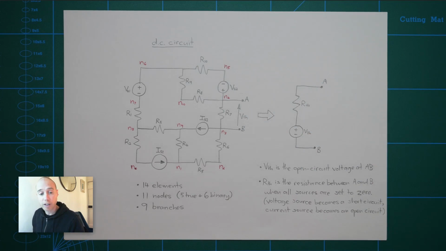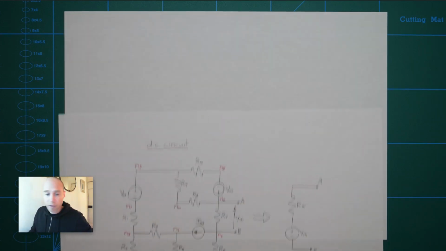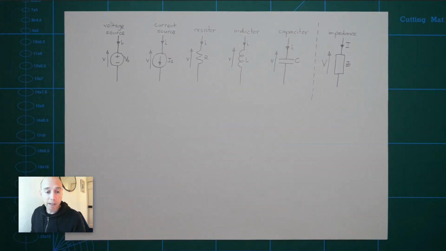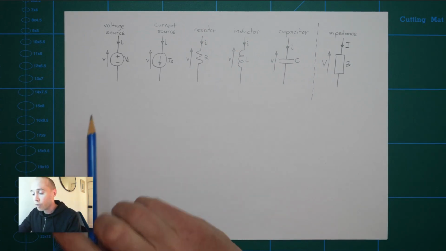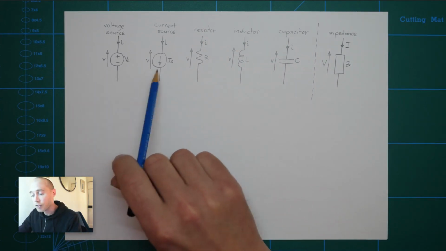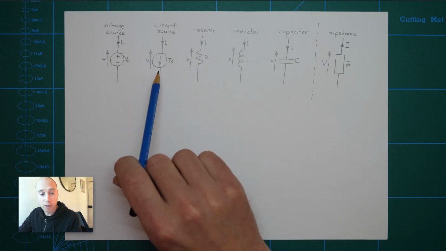Now the good news is that we can basically do the exact same thing for an AC circuit if we're applying a phasor analysis to the circuit. So let's just think for a minute. These would be the elements that we would likely encounter in an AC circuit. We're still going to have voltage sources and current sources, but once we're talking about phasors, these will be sinusoidal sources.